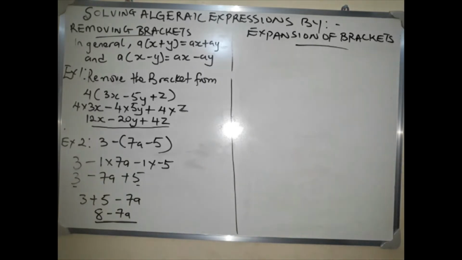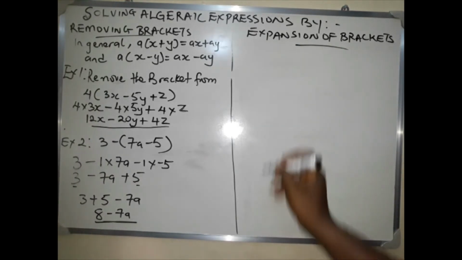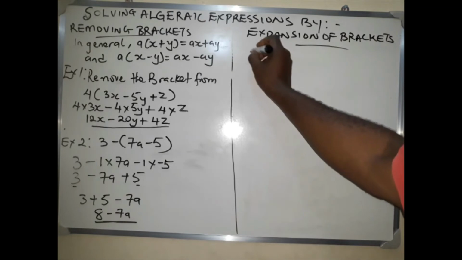So now let's go to the second aspect, which is solving algebraic expressions by expansion of brackets. Now, in order for us to expand the brackets, let's write something like this.